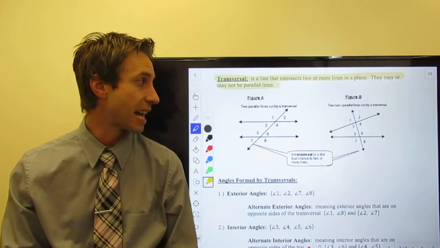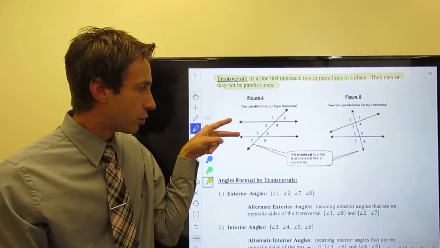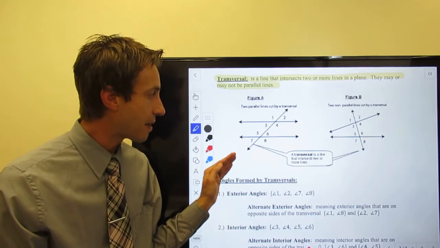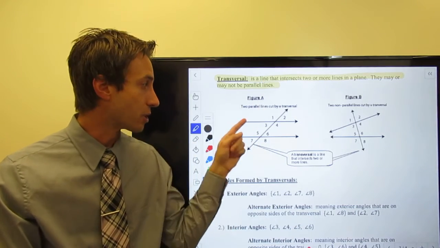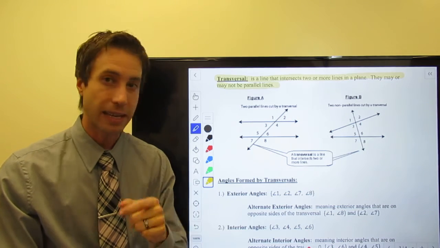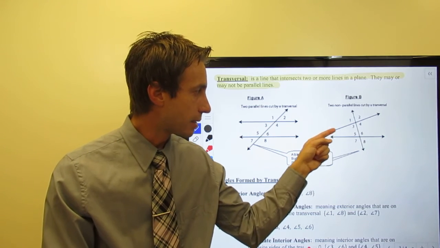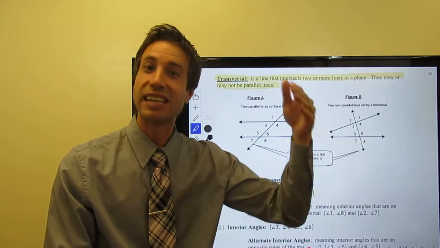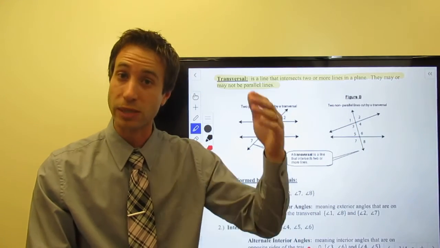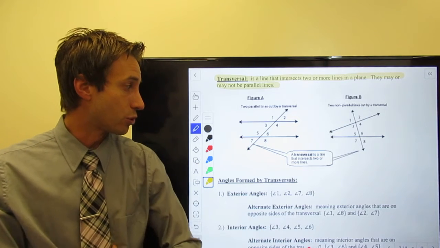I've got two different diagrams for you. I have two lines in a plane, and I have a transversal, a line that intersects both of those lines in a plane. Same thing over here. I have two lines in a plane. My transversal is going to cut through those lines, is going to intersect those two lines.